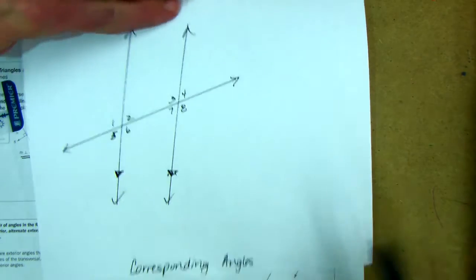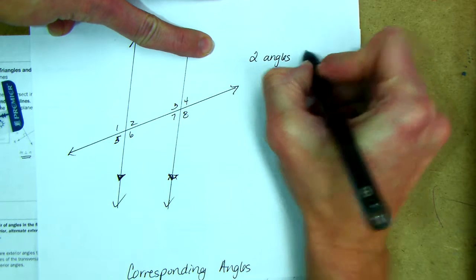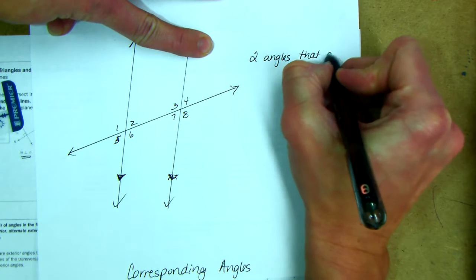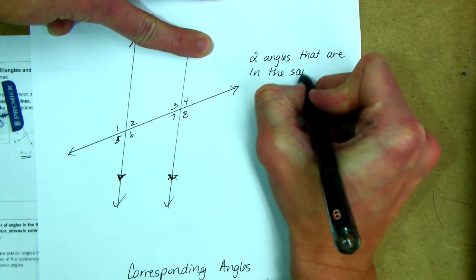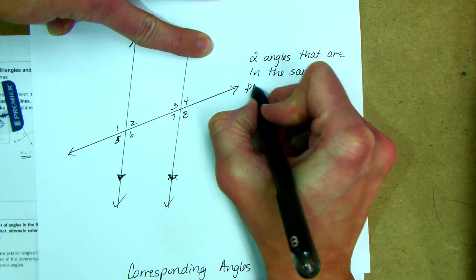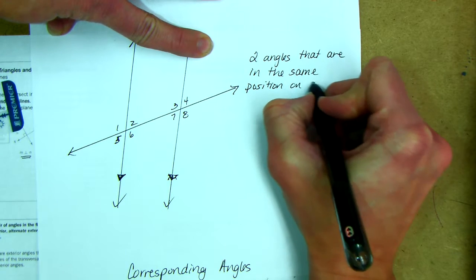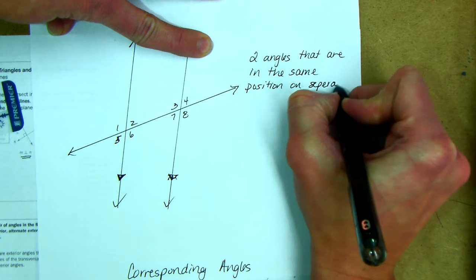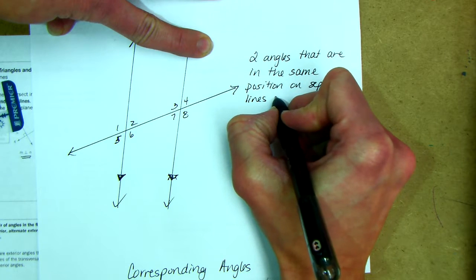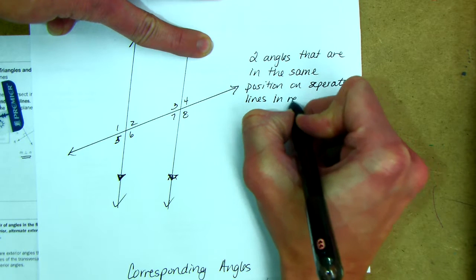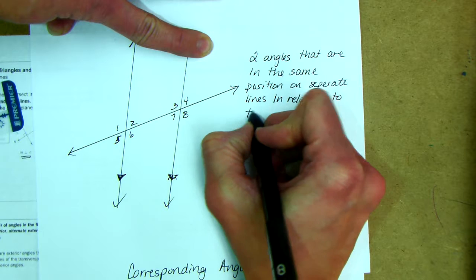So, corresponding angles are 2 angles that are in the same position on separate lines in relation to the transversal.